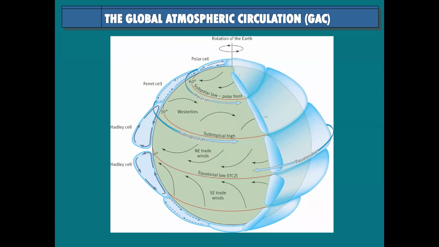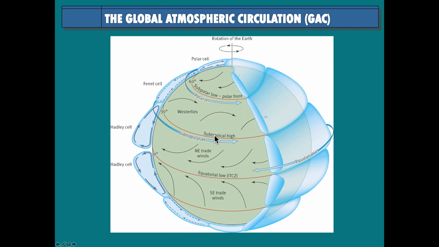In this particular model, you have the Earth broken up into regions: 0 degrees, 30 north, 30 south, 60 north, 90 north. Generally associated with each, you have low pressure near the middle, where the sun heats the surface more vigorously.